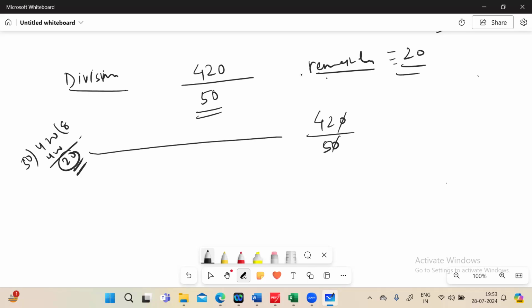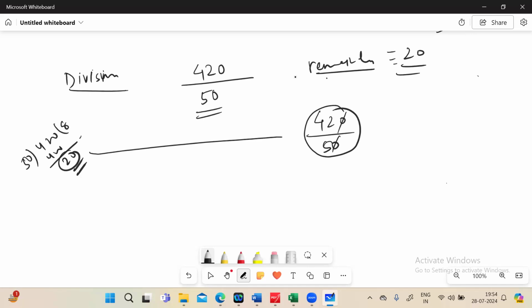We cut the 0 because it was drawn on the paper, but what we are visualizing here is that we are dividing the numerator and denominator by 10.